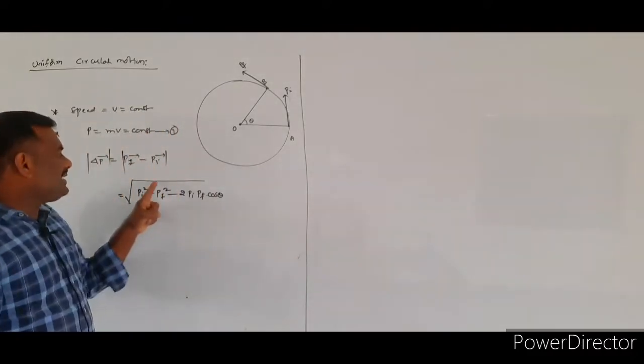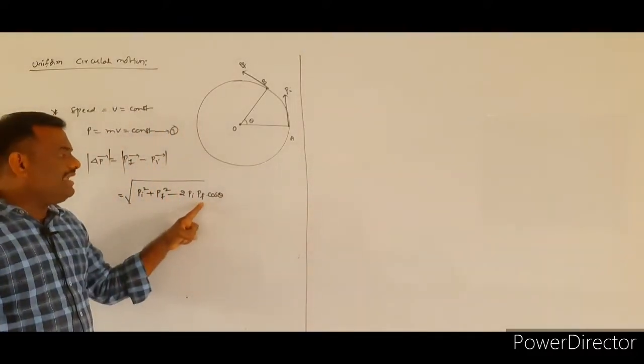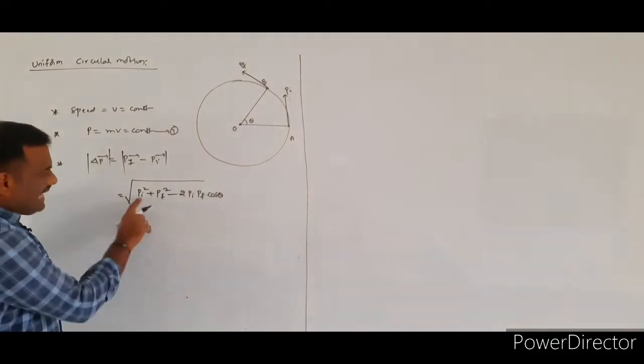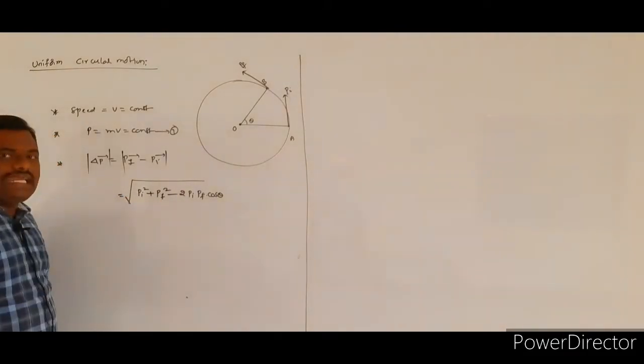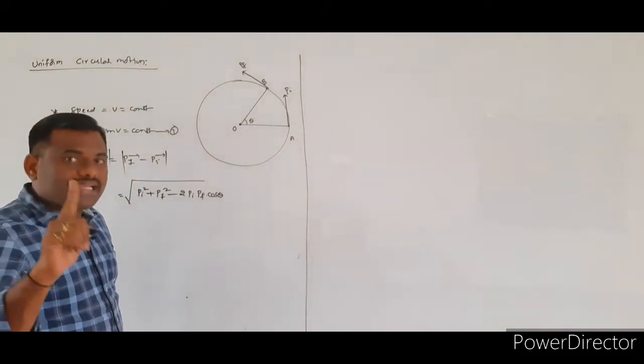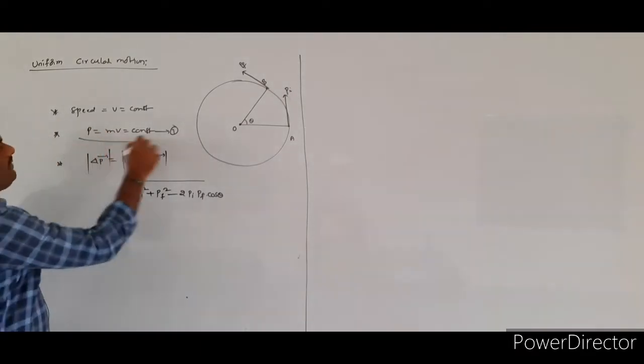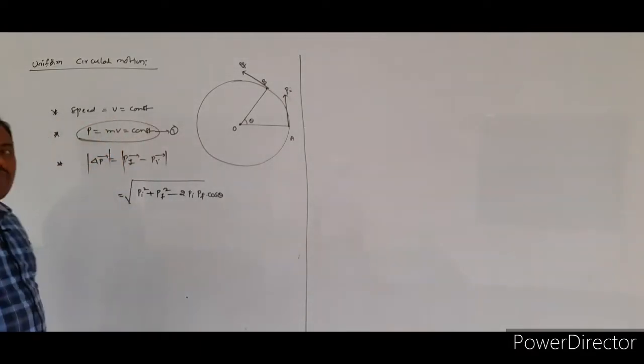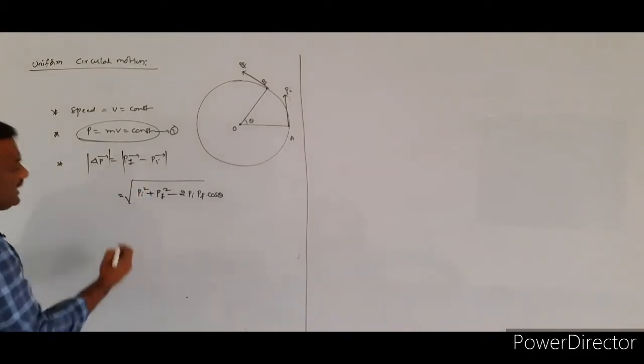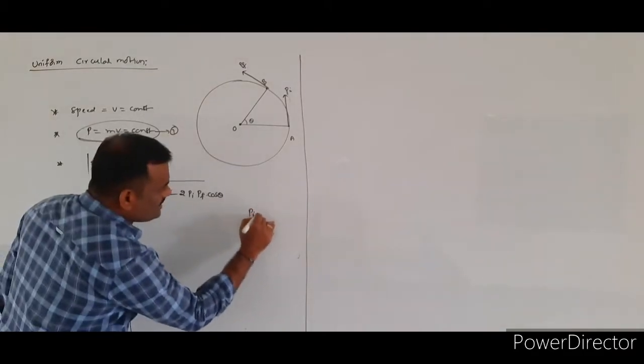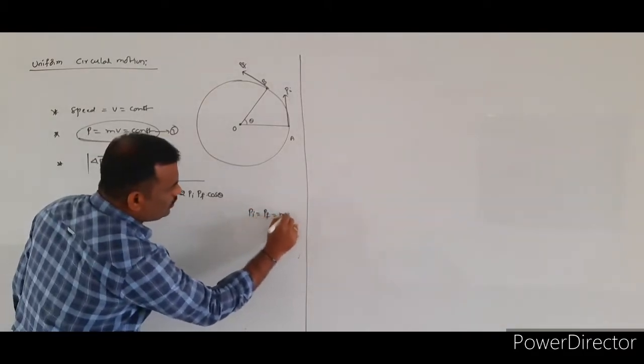Here pi square and pf square indicate the magnitudes only. Already we assumed that the magnitude of the momentum is constant, so I am taking pi is equal to pf is equal to mv.